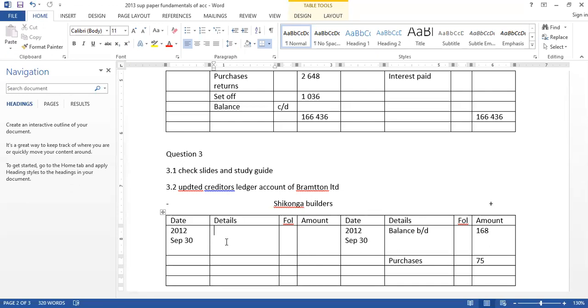So meaning that we need to add back the other amount. We recorded 96, which is a bigger amount, so we need to add back on the credit side the difference between the 69 and the 96.